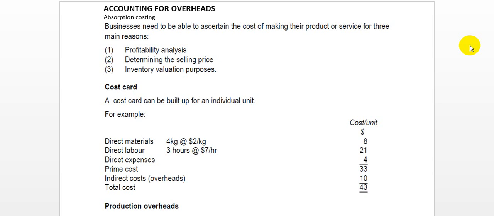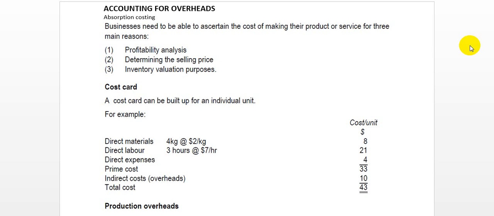So if we do not account for that heat which has gone into the bread, then the cost of that bread will be understated. So the cost which has gone into that bread, that heat, is called an overhead, because we cannot pinpoint just exactly how much heat has gone into the bread.